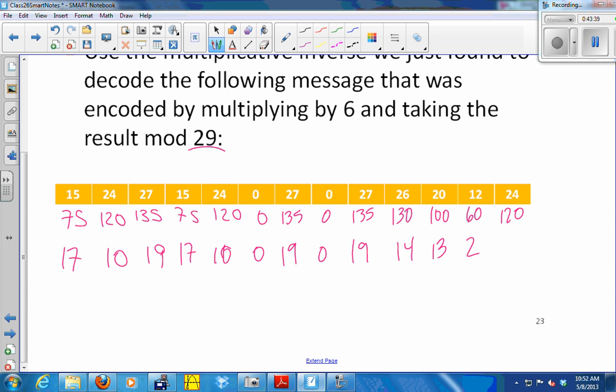And 120 we already know is 10. So then we change these to letters. 10 is K.